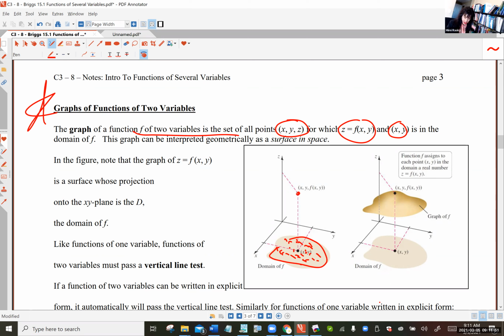The altitude, the z value, which is f of x y, gives you a point here. For each and every point down here in the xy plane, there's a corresponding point in heaven, and when you connect all the points up here, you get a surface.